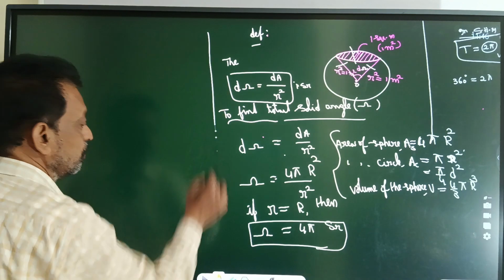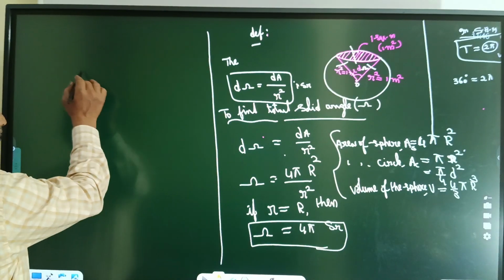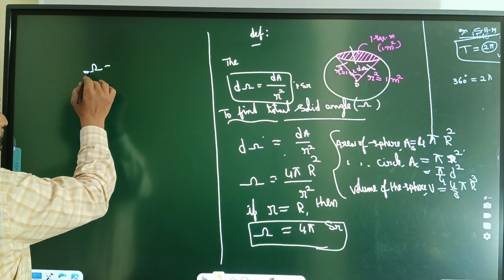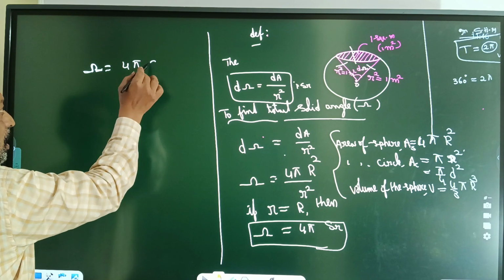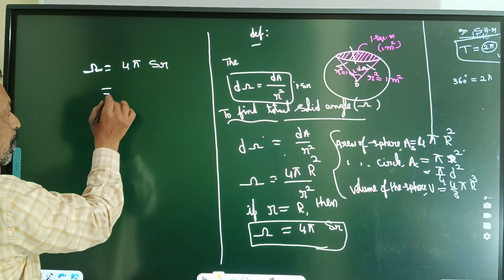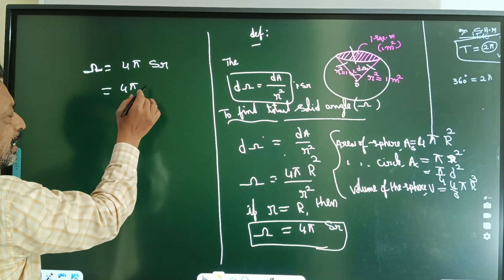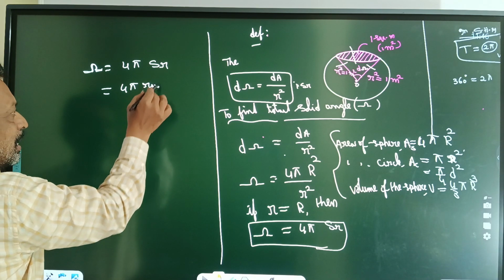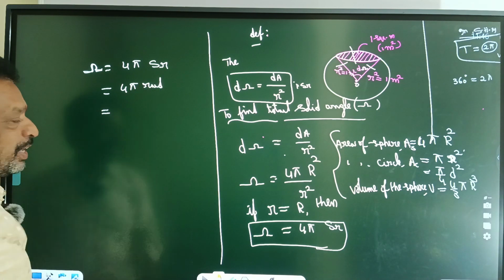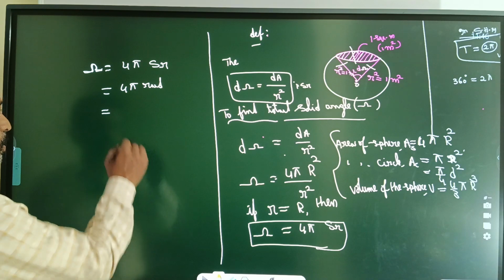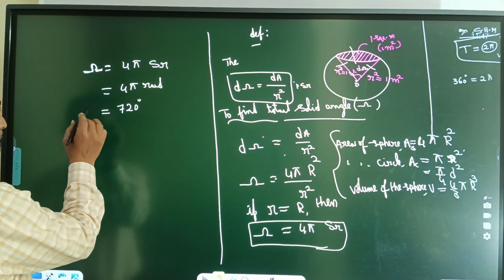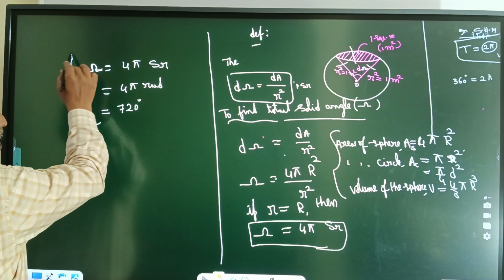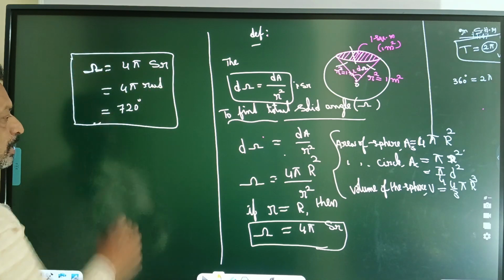Please see, all of you. Solid angle is equal to 4 pi SR. In terms of radian, 4 pi rad. In terms of degrees, pi is equal to 180 degrees, so that is 720 degrees. You have to remember this, all of you, in terms of degrees.